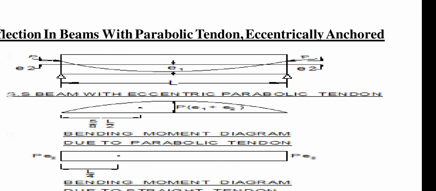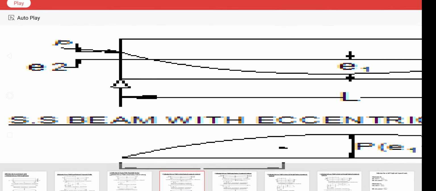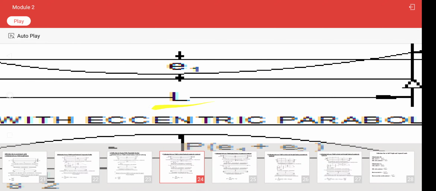Next, deflection in a beam with a parabolic tendon or cable that is eccentrically anchored. Here also the tendon has a curved profile, but in the previous case the two ends had zero eccentricity, whereas here the cable has an eccentricity of E2 at the supports.